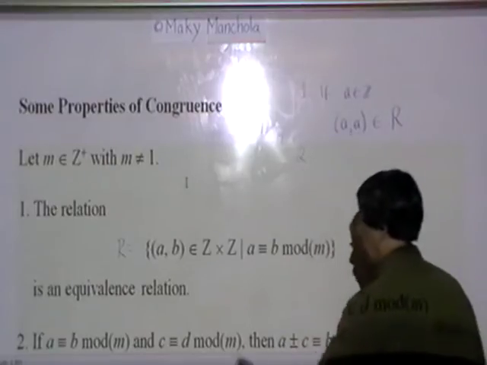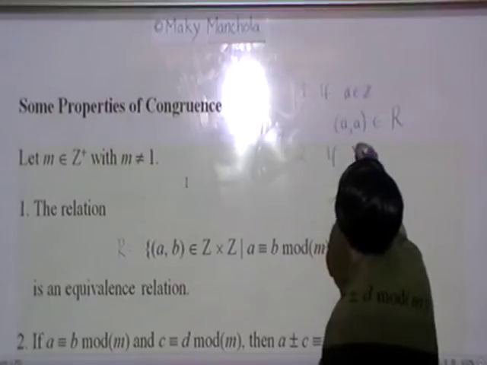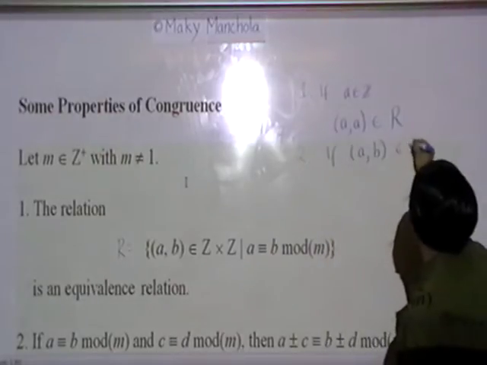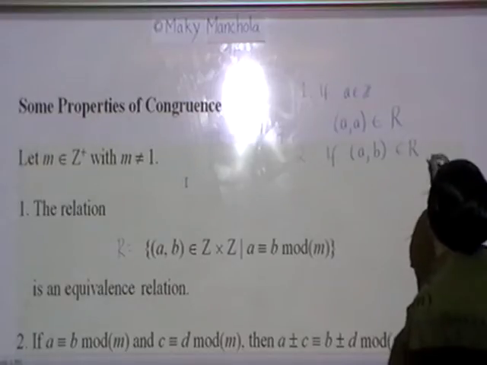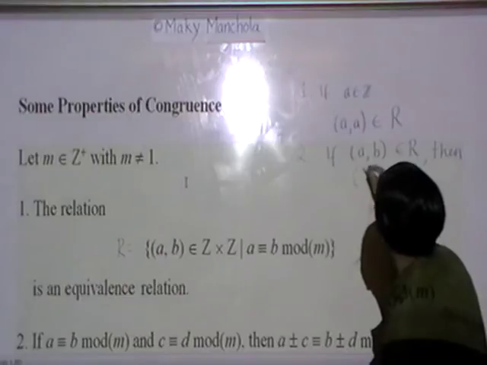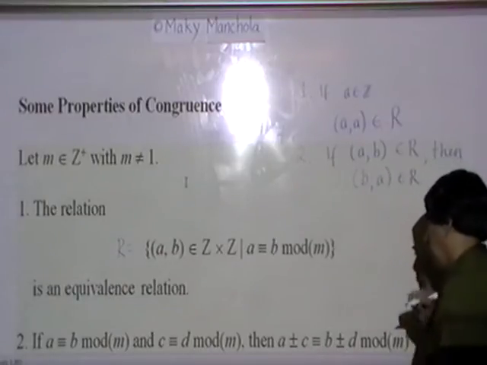Also, if we know an ordered pair belongs to R, so if there is an ordered pair A comma B that belongs to this relation, then its inverse will be there as well. So B comma A also belongs to that relation.